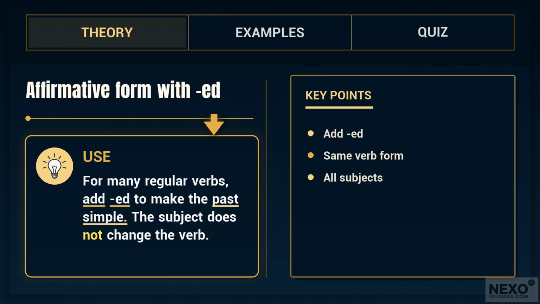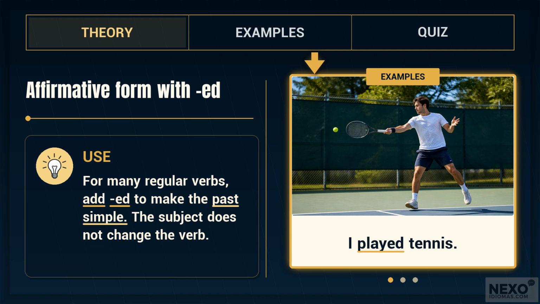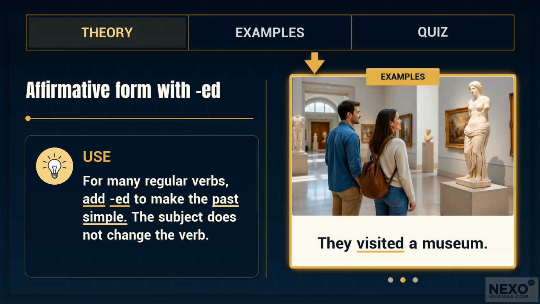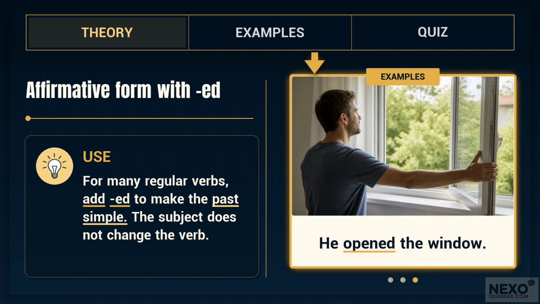The subject does not change the verb. Example, I played tennis. Example, they visited a museum. Example, he opened the window.